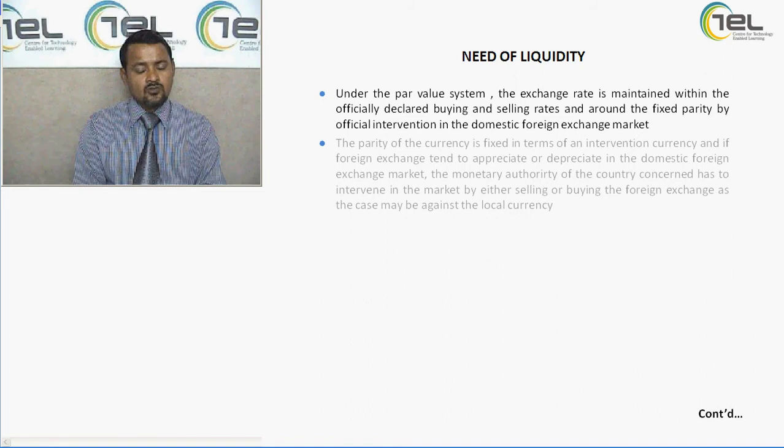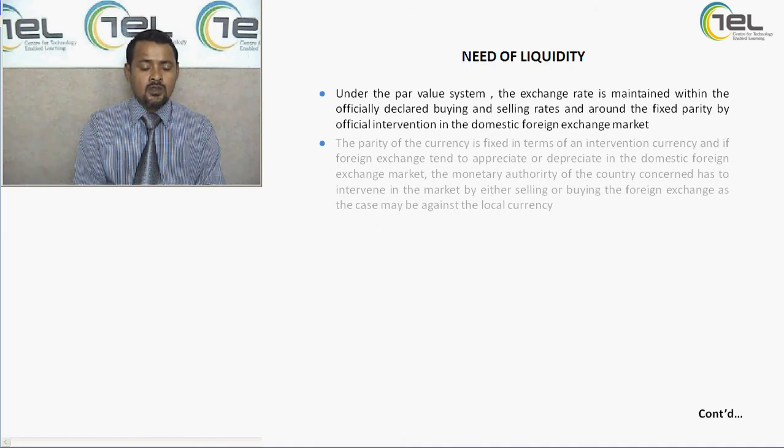But at the same time, imports require foreign reserves. So demand and supply is created within the economy. But if imports are more, then we are required to keep reserves so that we are able to honor our commitments of liability payments within a particular stipulated period of time.